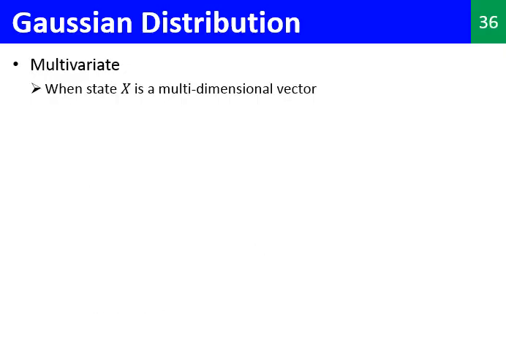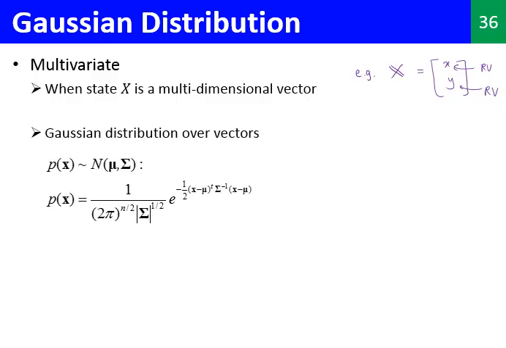When it comes to random vectors, we will be dealing with multivariate Gaussian distributions. For example, if I take a certain state x, which has x and y as the two random variables, so this is a random variable and this is a random variable as well. So the Gaussian distribution over such a state would have the following structure.